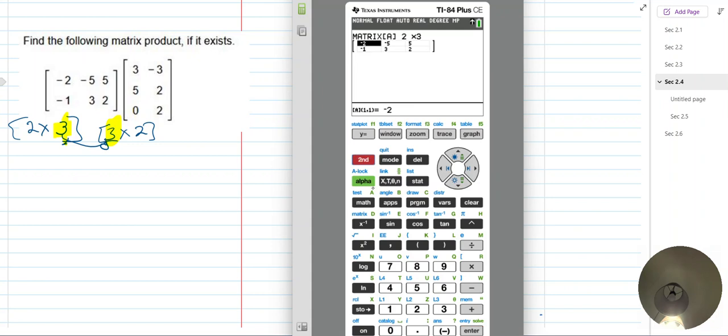And then we're going to go second matrix. We're going to edit the B, and it is a 3 by 2. I'm going to enter a 3, a negative 3, a 5, a 2, a 0, and a 2.